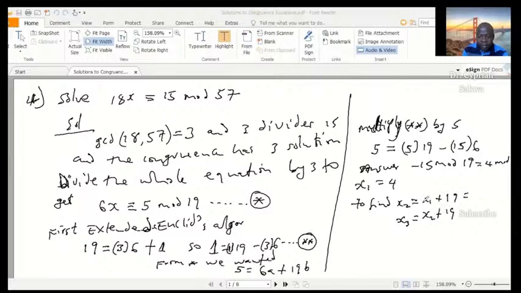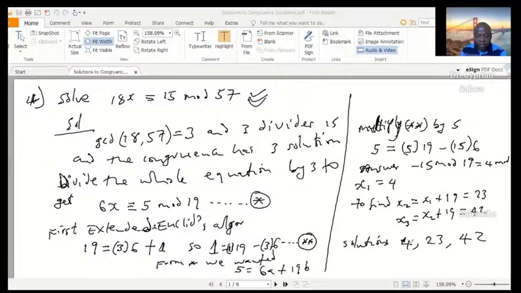So 4 plus 19 is 23, and 23 plus 19 is 42. So the 3 solutions we wanted to look for are 4, 23, and 42, the solutions to the original system.